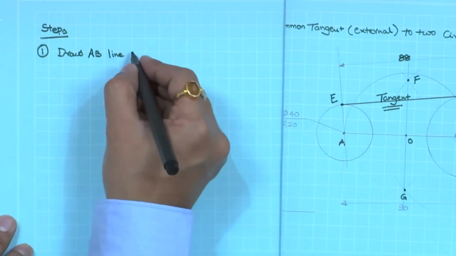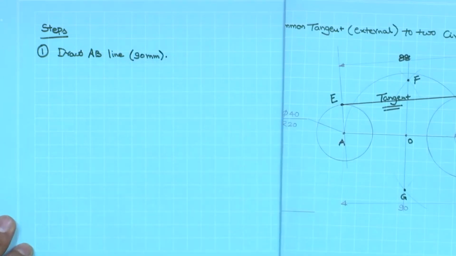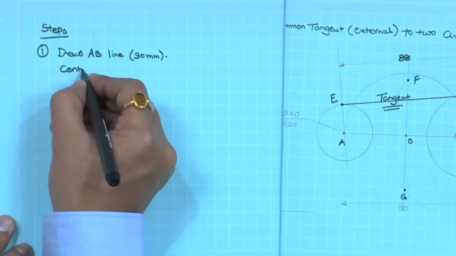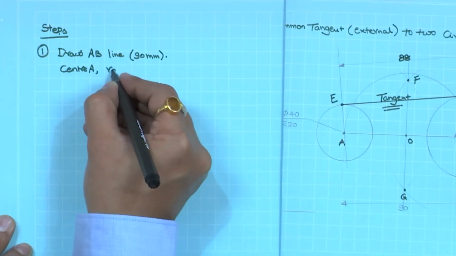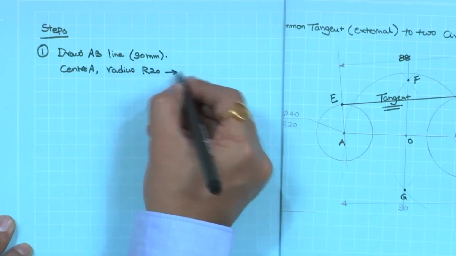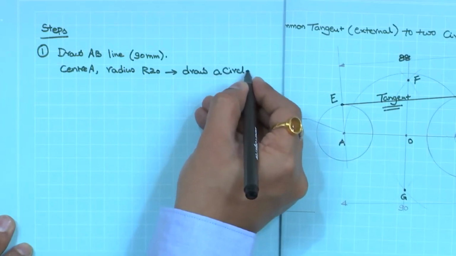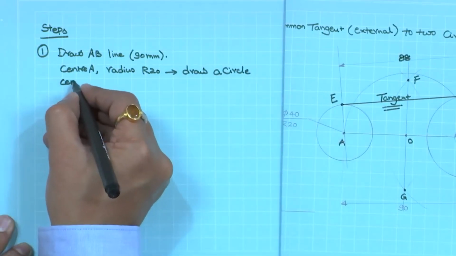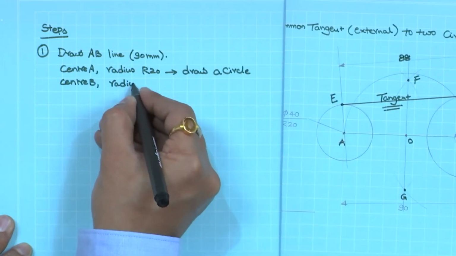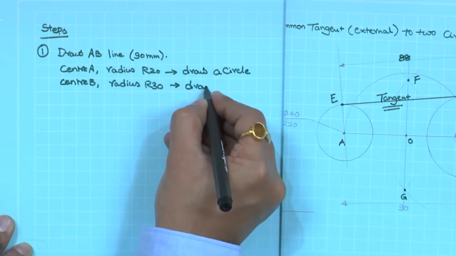In this case, it is 90 mm. With A as center, and whatever radius is given here, R 20, draw a circle. Similarly, with B as center, radius R 30, draw another circle.